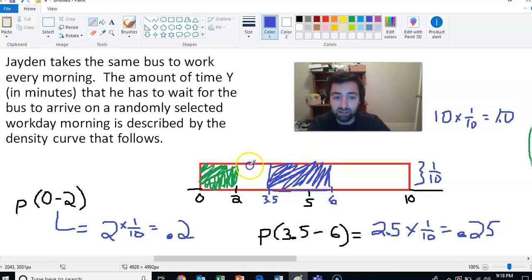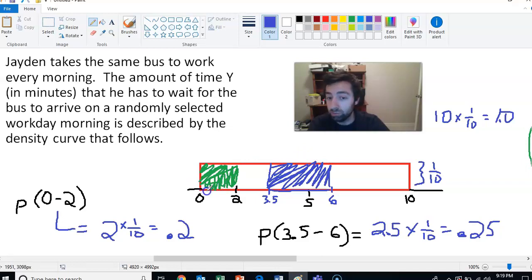Now, the area under this curve is going to add up to 1, and what percent of that area is accounted for in this little green box where he's waiting between 0 and 2 minutes? Well, we said that that's 20% of this total area. This total area we'll say is 1. What percent of that is shaded? 20%.